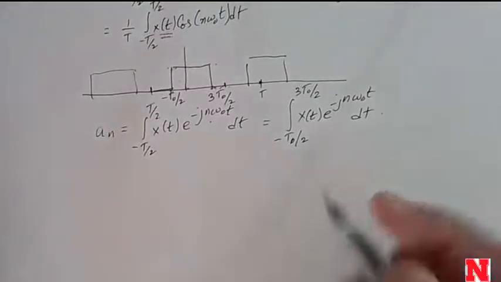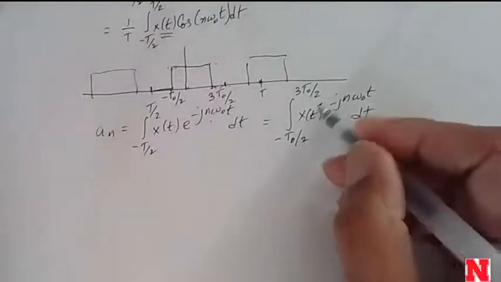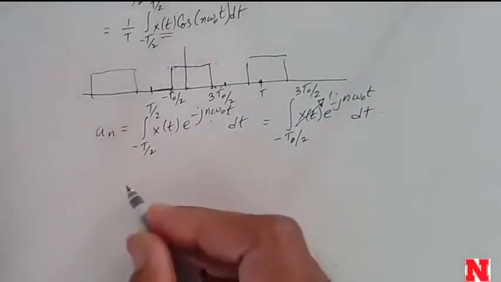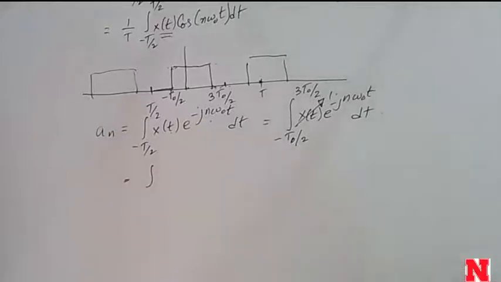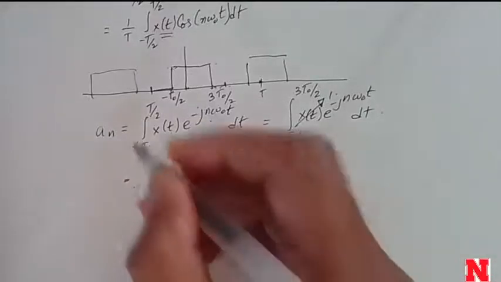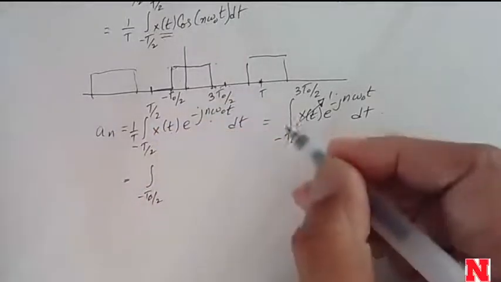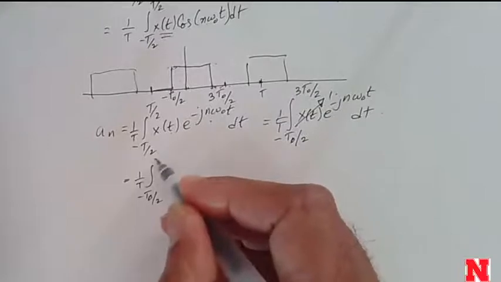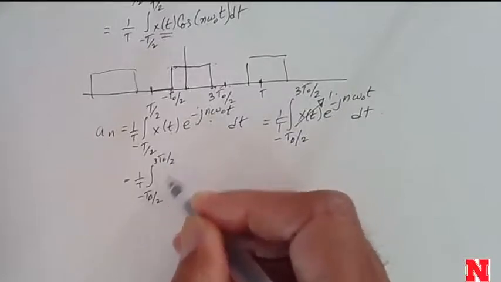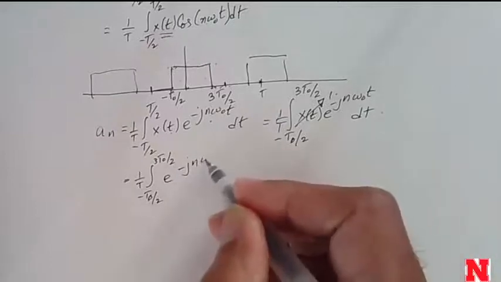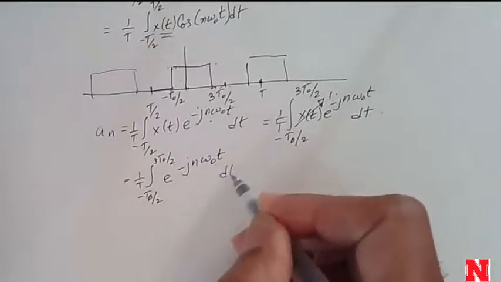In this area, x of t is equal to 1. So this will become the integral from minus t0 over 2, and there's that 1 over T out front that I keep forgetting, to 3t0 over 2 of e to the minus jn omega naught t dt.